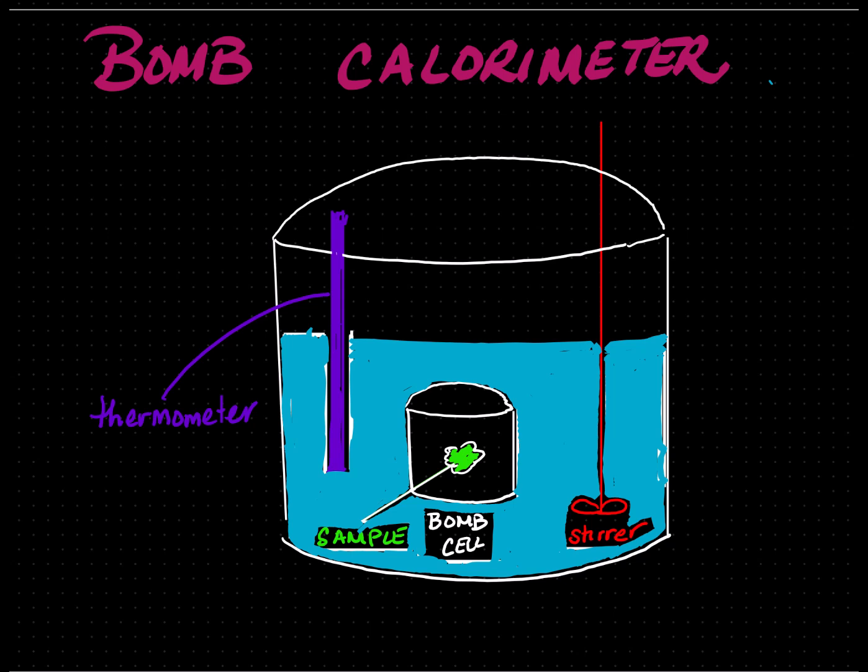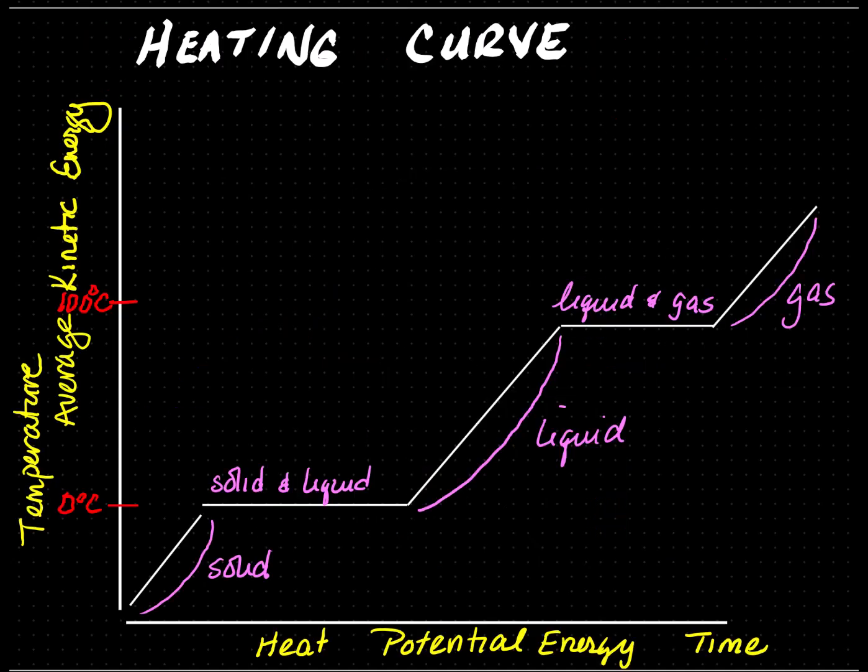After the sample stops burning, the transfer of heat from the burnt sample to the water can be calculated using the water's information, because the temperature is measured before and after the burning, and we know the constant for water. So the calculated heat transfer divided by the amount of sample burned will give you the energy produced by that sample.